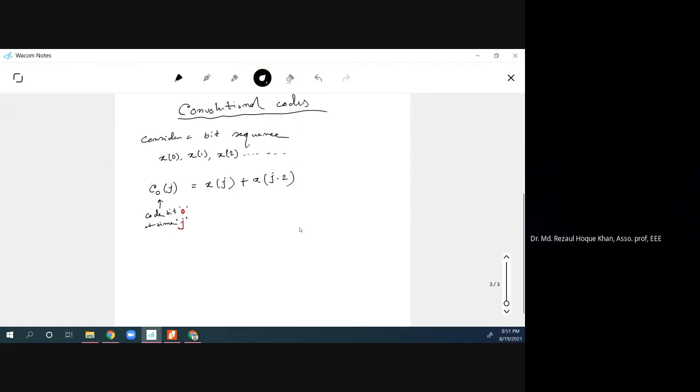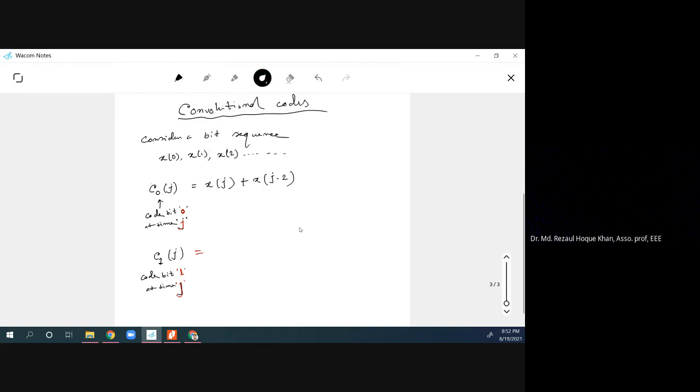For example, for code bit 1, of course at the same time j, what will be the code?